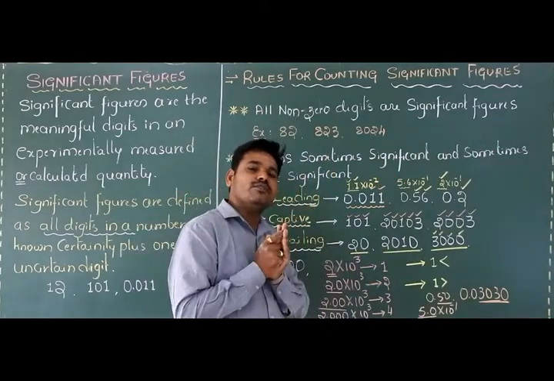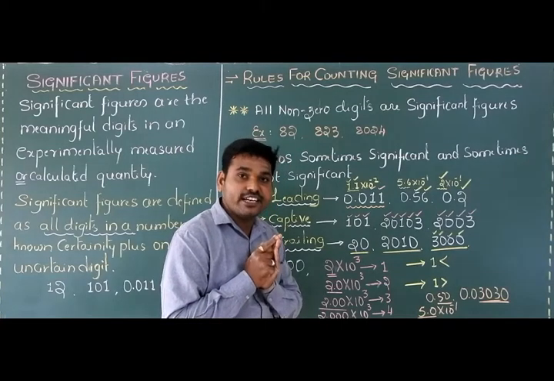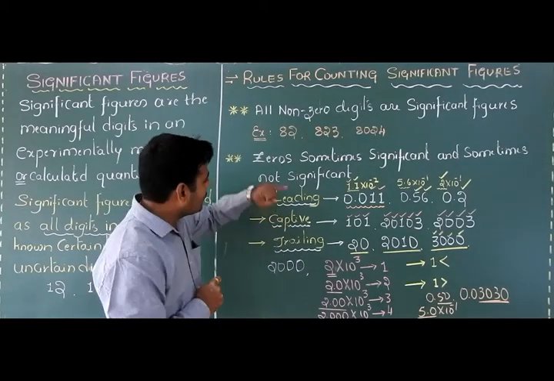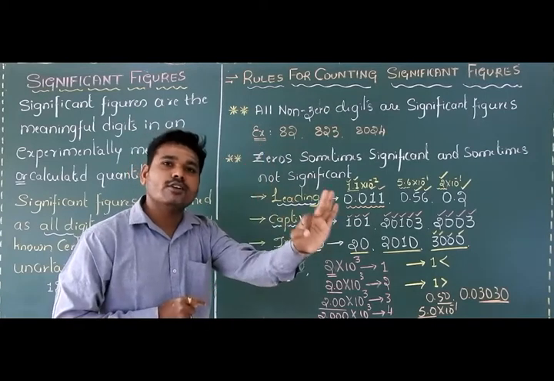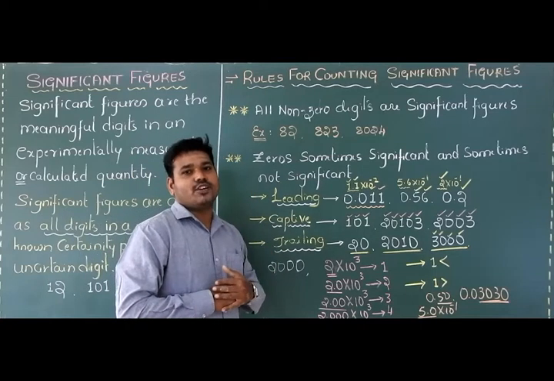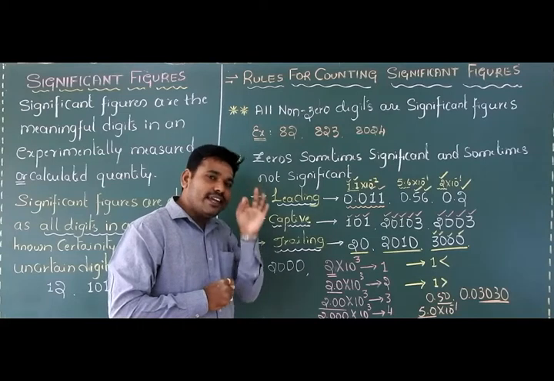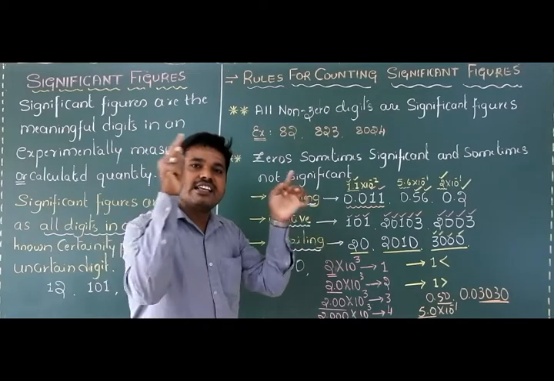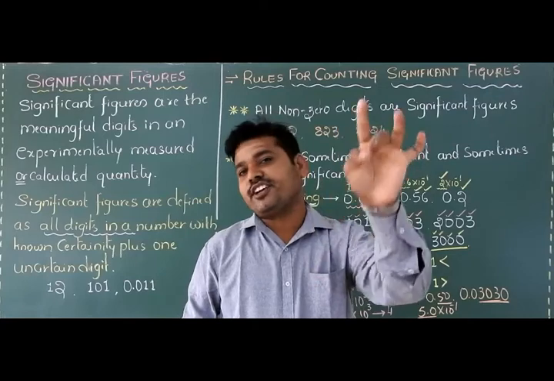And in case of zeros, how many types of zeros do we have, students? Yes, 3 different types of zeros. Tell me what are the 3 different types of zeros? The first one is leading zero, the second one is captive zero, and the third one is called a trailing zero. Out of these 3 types of zero, leading zeros are not at all counted as significant figures, whereas captive zeros are always counted as significant figures, students.